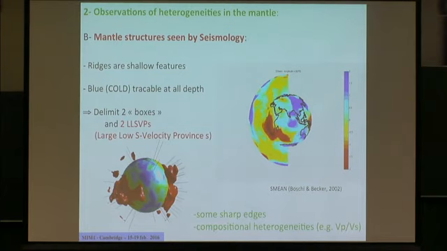And if, for example, here I've plotted the minus 0.5 S-wave velocity anomaly contour, you see that those two big provinces, it's not just a big province going up, it has a lot of structure.